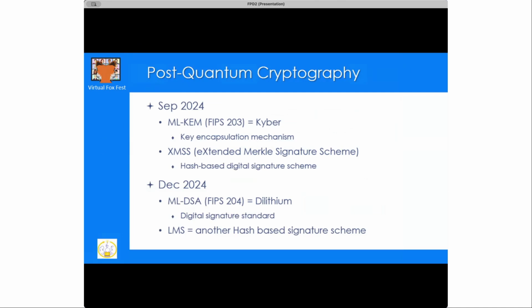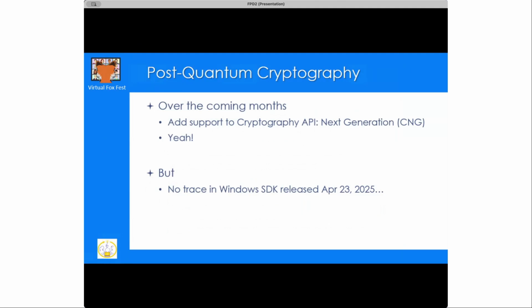They added ML-KEM, formerly Kyber, and in December even ML-DSA, formerly Dilithium, to the encrypt library, which is the core library of Windows used by all Windows mechanisms, including the TLS stack, including Azure, including cryptographic libraries. They also announced that cryptographic support for the next generation CNG API is coming in the coming months.